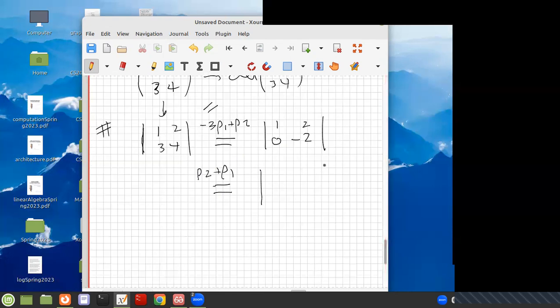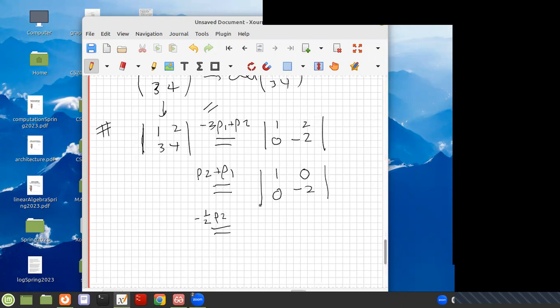That's not going to change the determinant, and that's going to lead to 1, 0, minus 2, 0, right? Okay, now we can take this and multiply it by, let's say, minus 1/2 row 2.